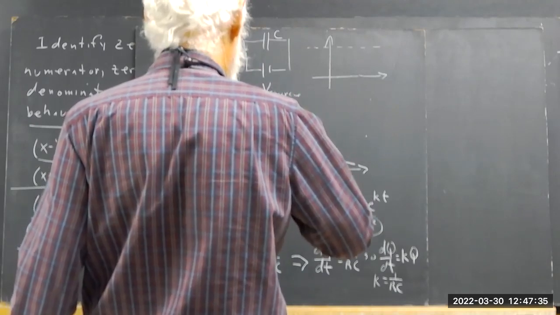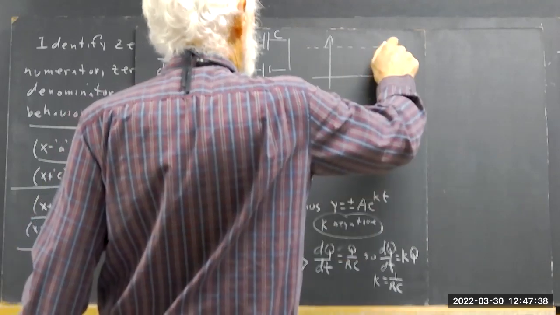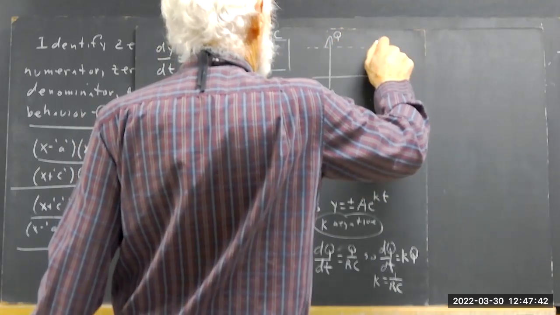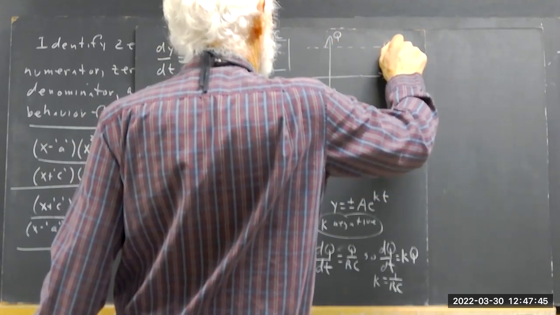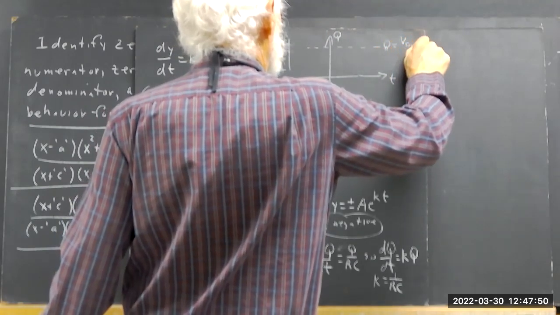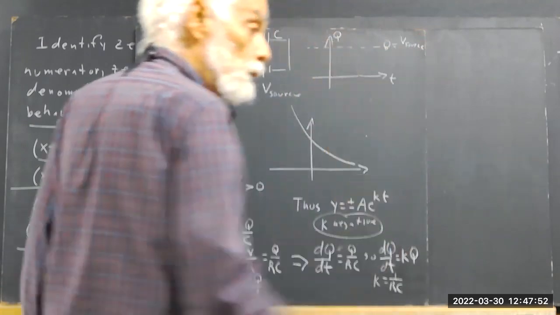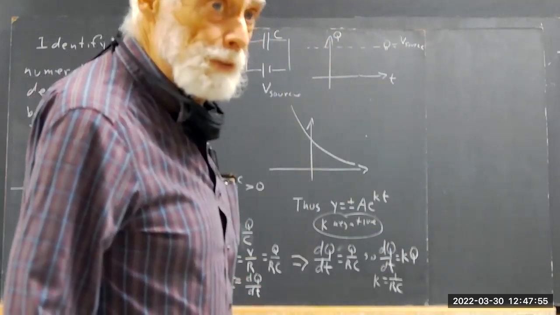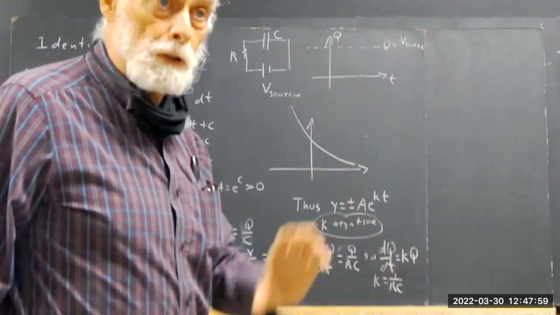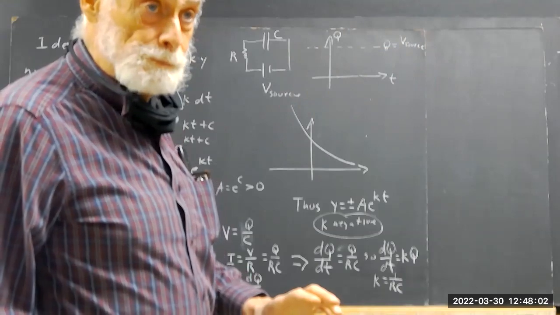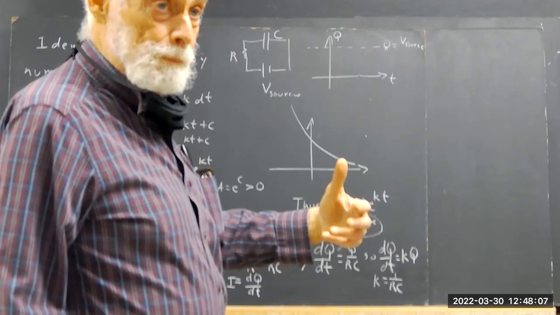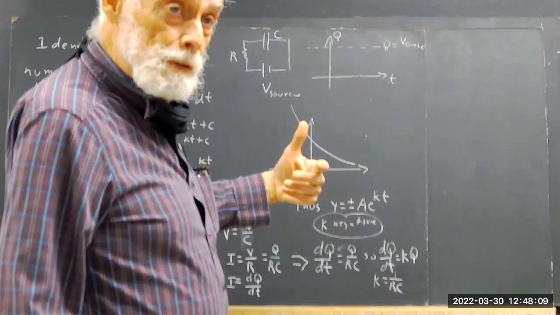Where this is Q and this is t, this line would be the voltage of the source. Now, what's capacitance? Capacitance is charge per volt. How much charge you get per unit of potential difference, right? So capacitance is Q over V, which means that C is what?